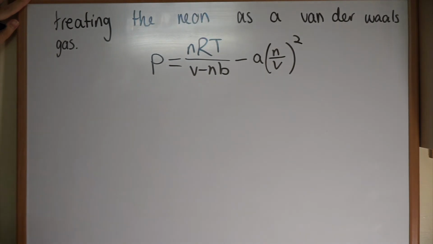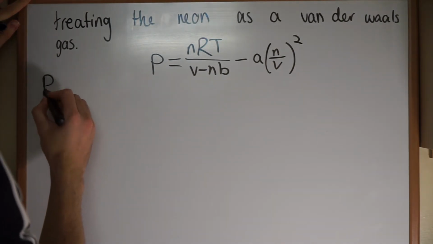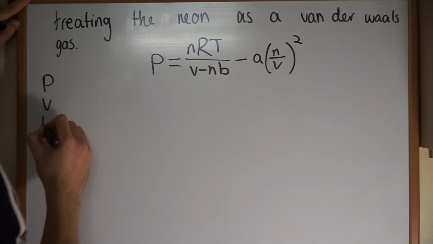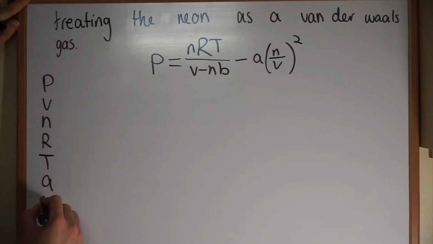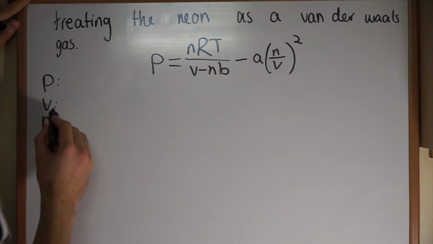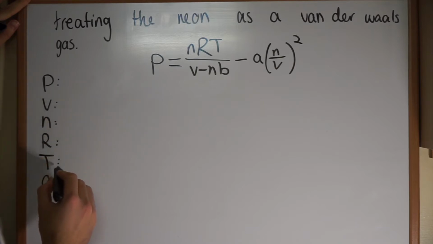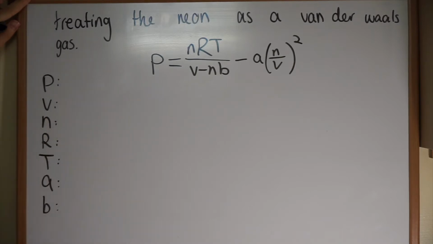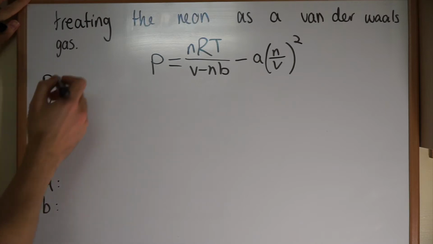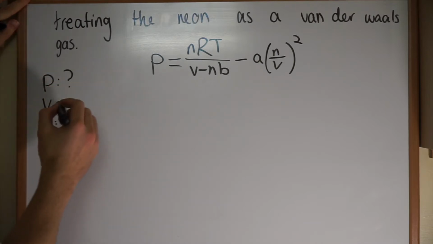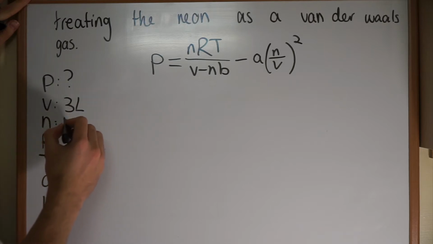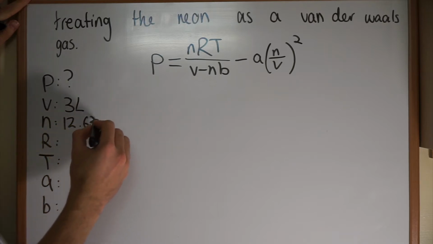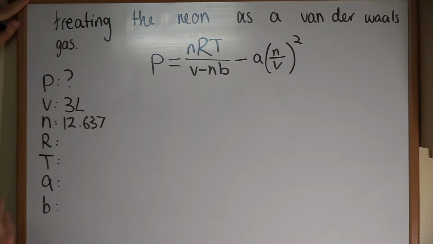Now again, if we write everything down on the side, we can see what we have and what we don't have. So again, we need to calculate the pressure, so we don't know that. The volume we do know, that's 3 litres. The number of moles, again, is 12.637 because nothing's changed, nothing's been added.